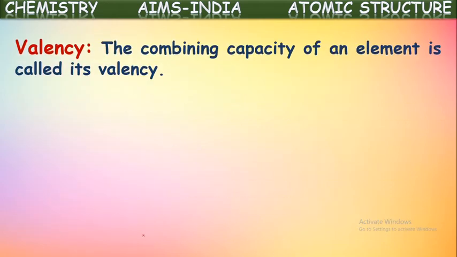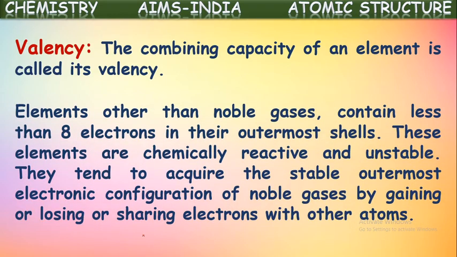Next, about valency. Valency is different from valence electrons. Valency is defined as the combining capacity of an element. So elements other than noble gases, that means elements which have less than 8 electrons in the outermost shell, are chemically reactive and unstable because they do not have 8 electrons in their outermost shell.